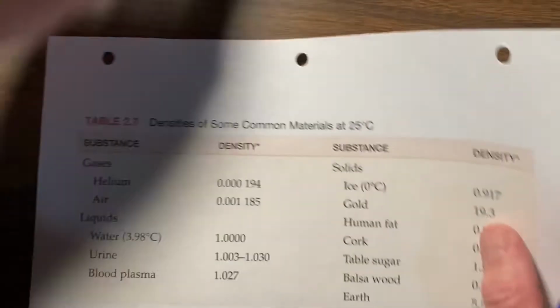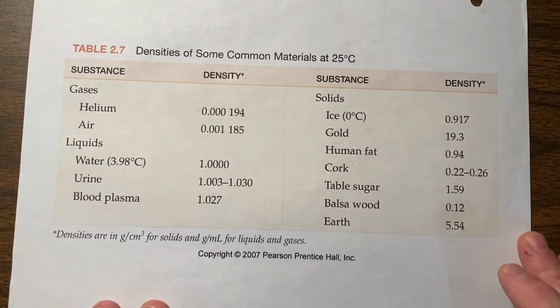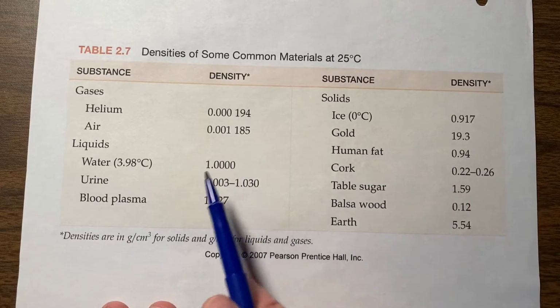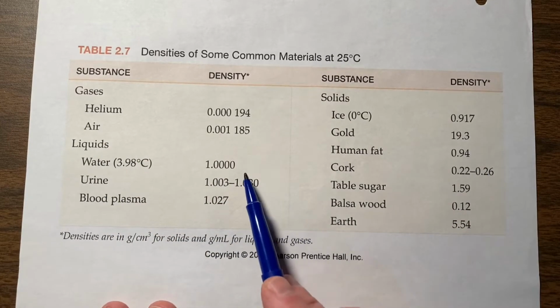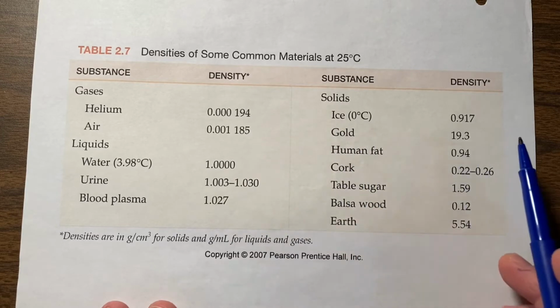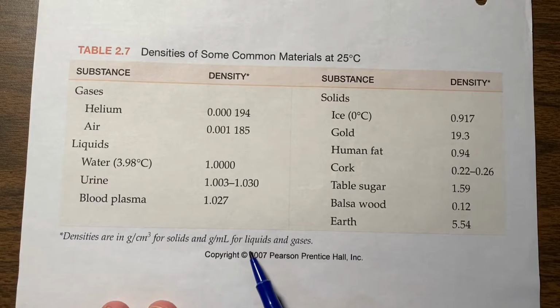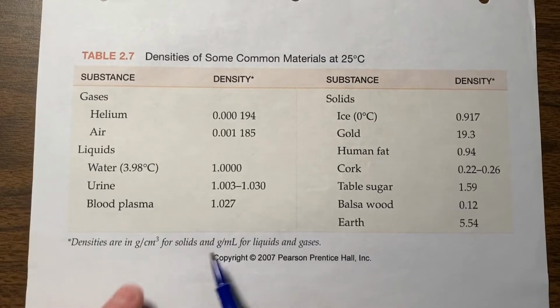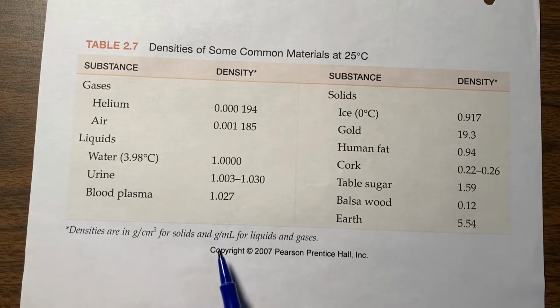And just to give you an idea of how the densities of different objects relate to each other, if you looked at gases versus liquids versus solids, notice these are all in units of grams per cubic centimeter or grams per milliliter. And remember, I've said this many times, the units of grams per cubic centimeter are identical to grams per milliliter. So you can use either one.